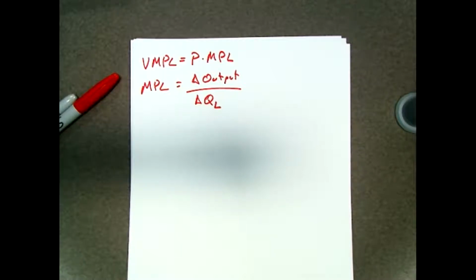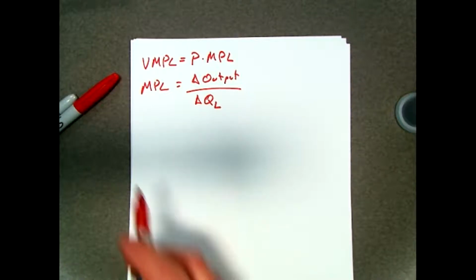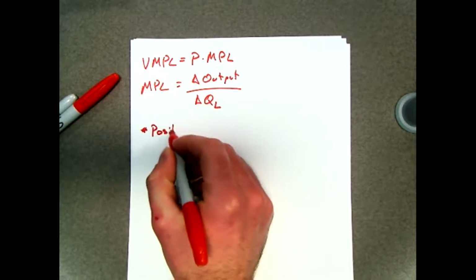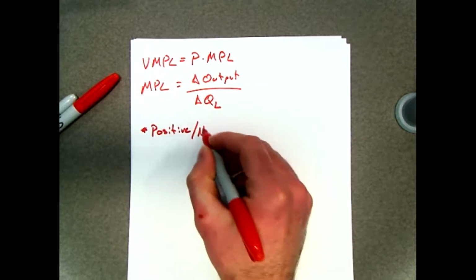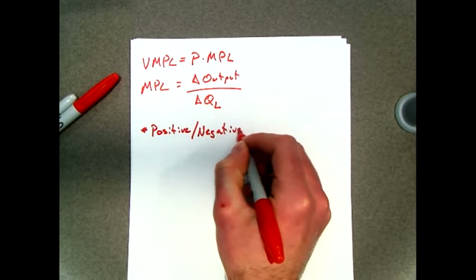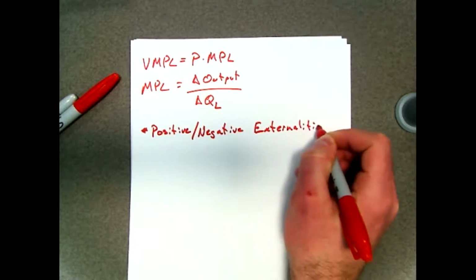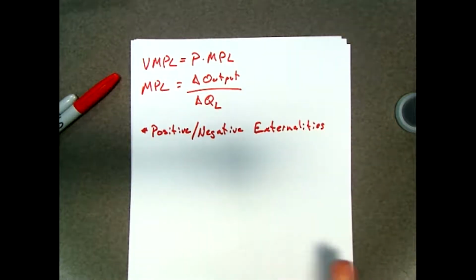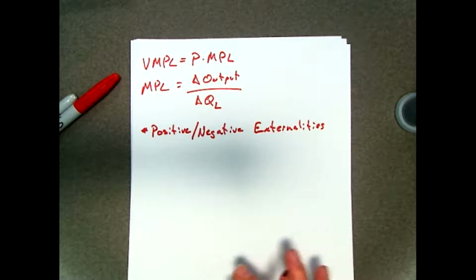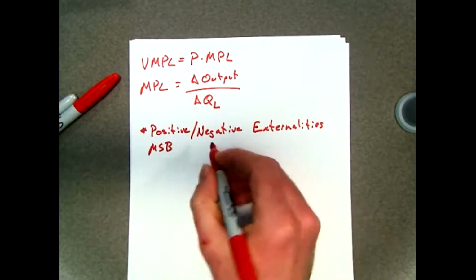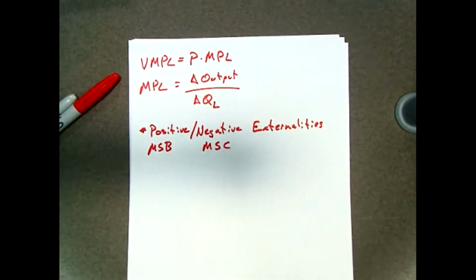Okay. Before we start going through questions, just as a general guide, I would say, make sure you know or understand examples where you have positive or negative externalities. So know how those would shift either our marginal costs or our marginal benefit curves, thinking about marginal social benefits with positive externalities, marginal social costs with negative externalities.